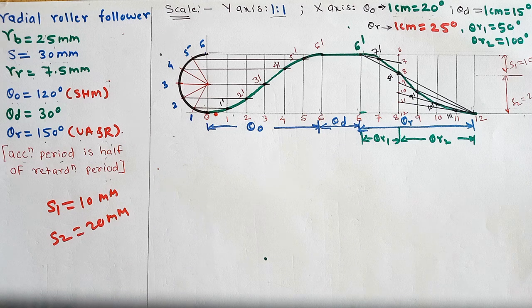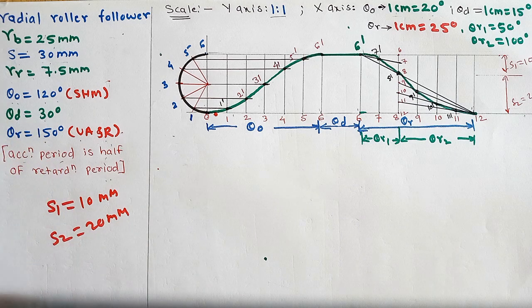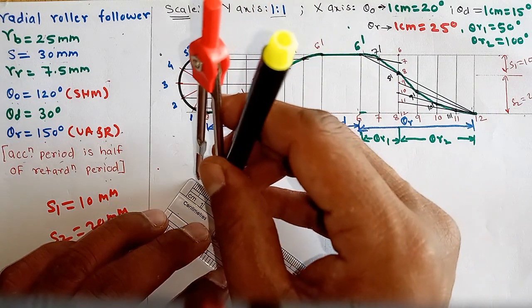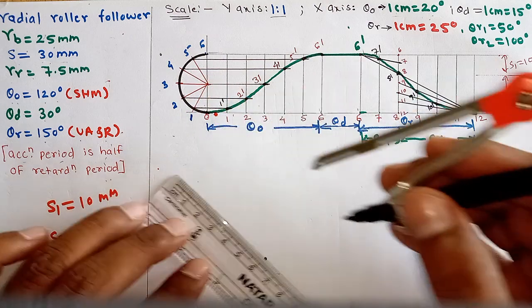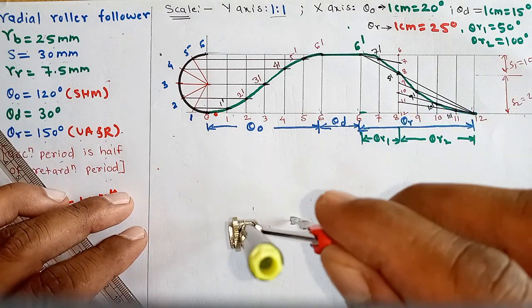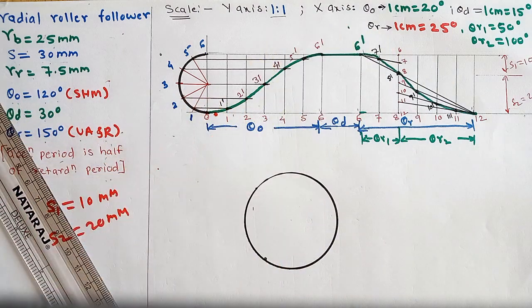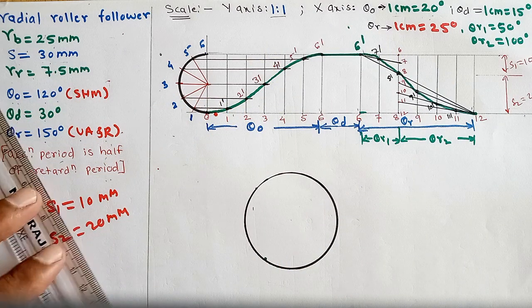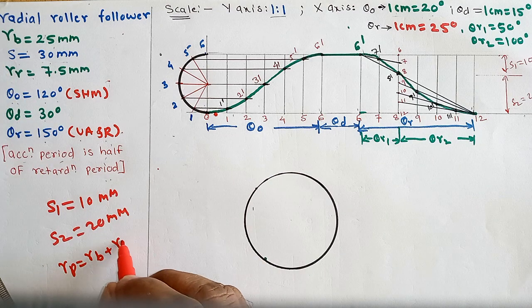Next we'll draw the cam profile. First step is to draw the base circle. Radius of base circle is 25 millimeters. Next step is to draw the prime circle. Prime circle radius is equal to base circle radius plus roller radius.